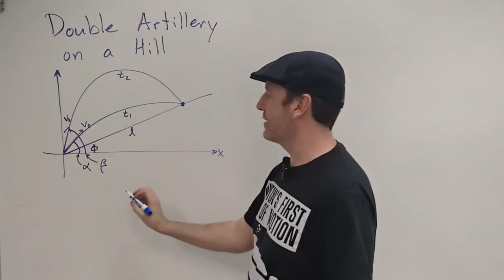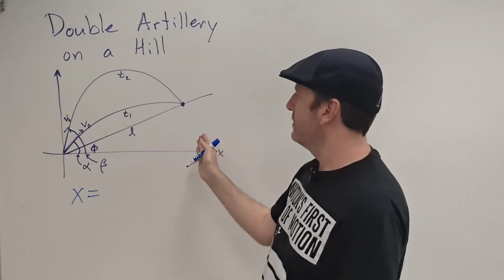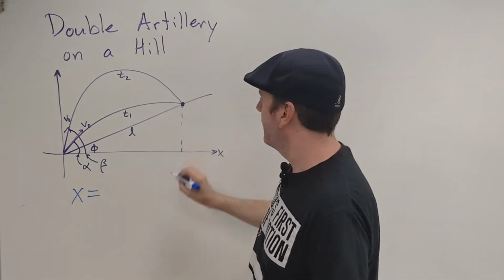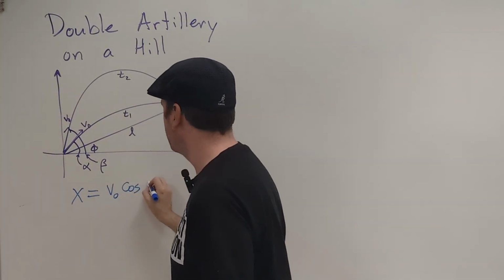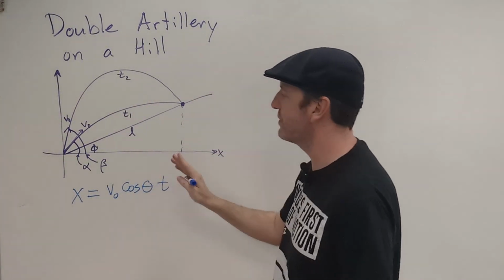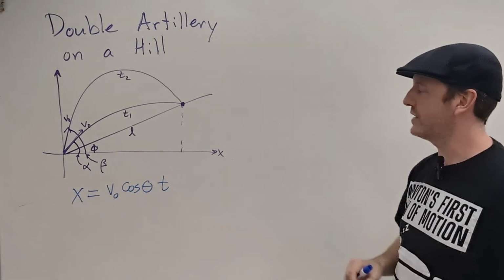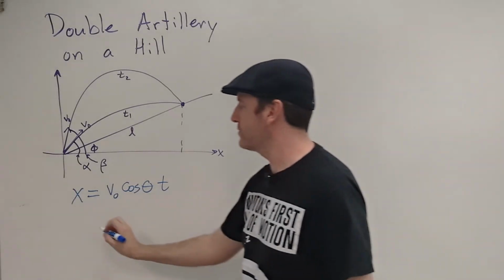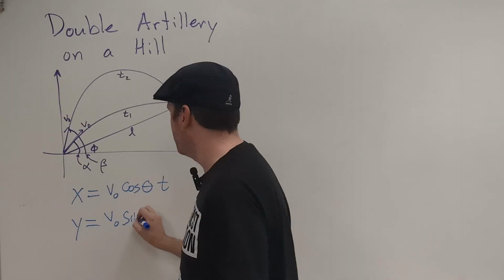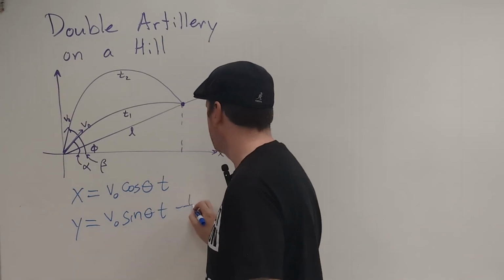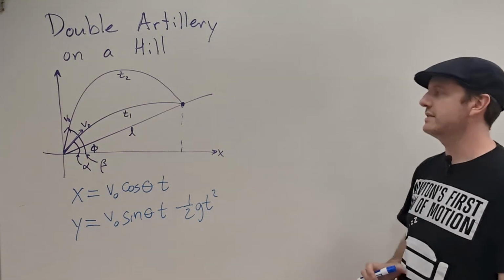In the x direction, this location is going to be v naught cosine theta times t, whichever theta of launch and whichever total time in the air we have. The y component will be v naught sine theta times t minus 1/2 g t squared. Seen those a million times.